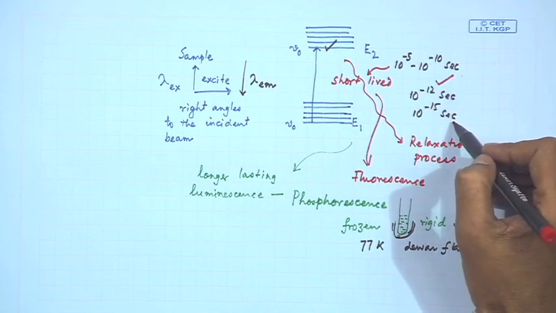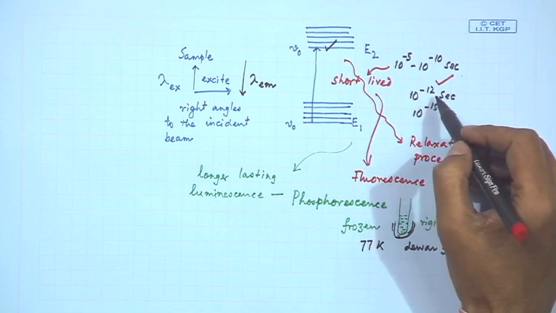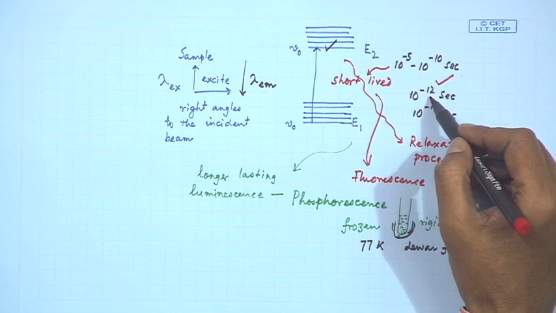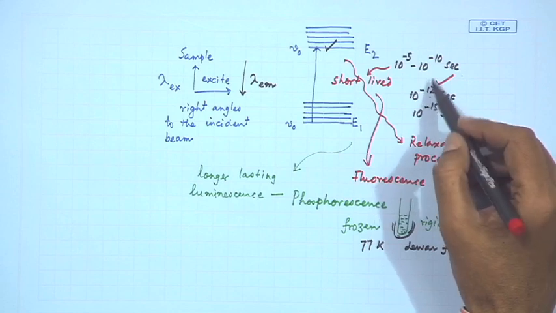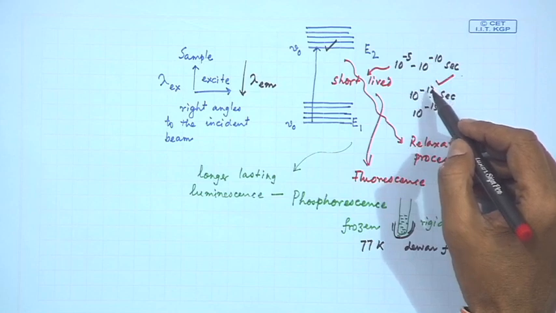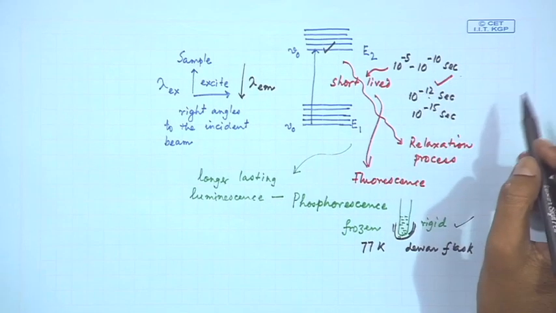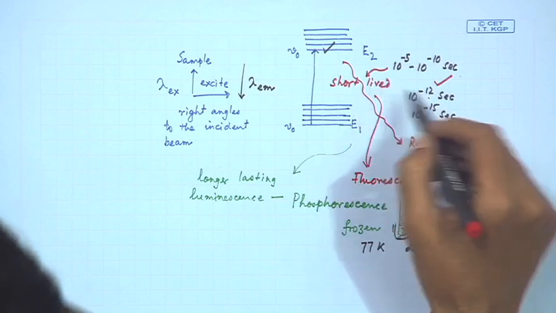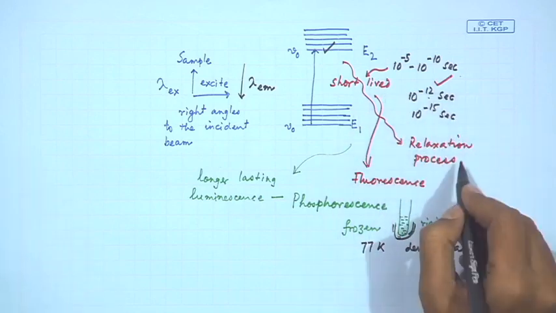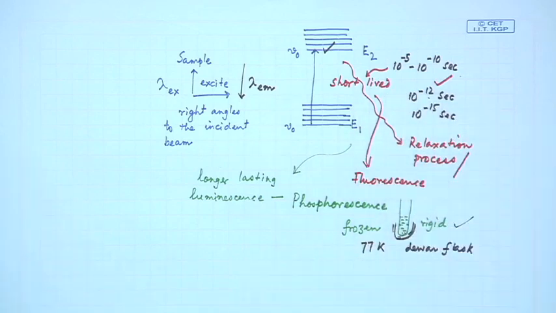The absorption is taking place in this range, then the corresponding relaxation can take place in 10 to the minus 12, 10 to the minus 13 or 10 to the minus 11 second. So, that is giving rise to something where we see this particular relaxation process, if it is a non-radiative one.